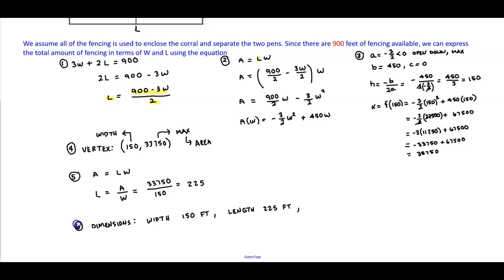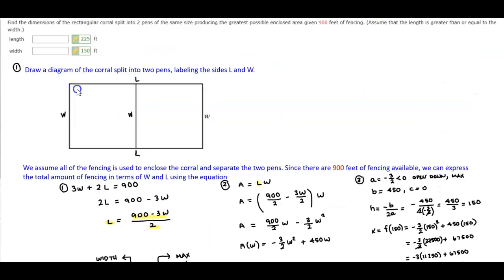And even though it's not asked, we do know that the area is 33,750 square feet, because that is the maximum amount of area. So therefore, we found the width and the length to be the following.